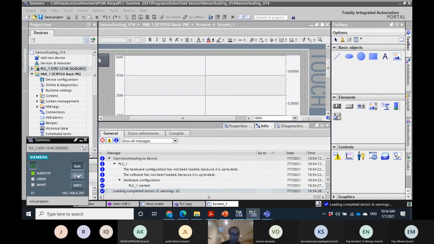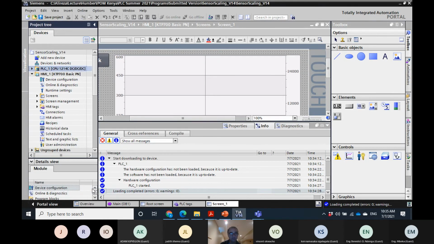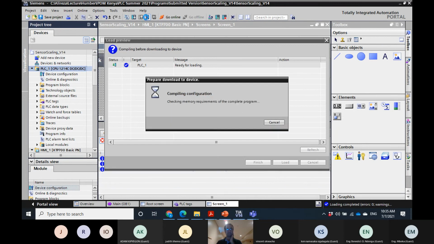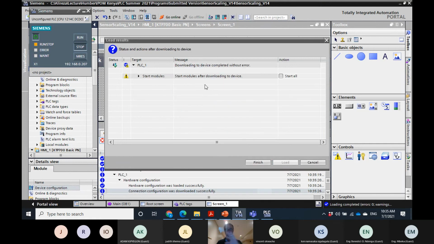Let me just stop and close this one, and once more do that, because I had already opened the simulate before. There was a conflict on that. So let me just click on this again. Yeah, this opens, that's correct. That was also correct, but there were 2 simulators open, so it was confusing.